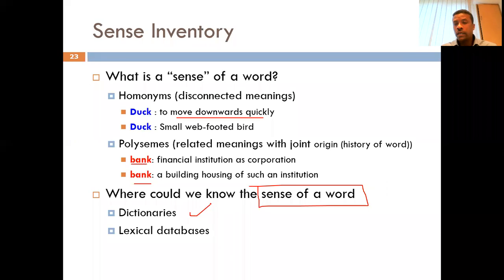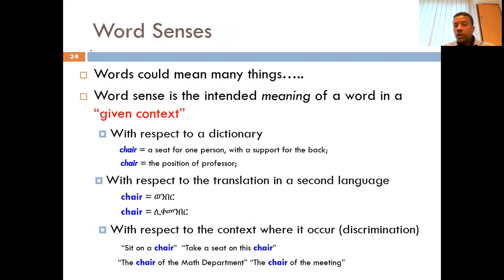If you go to a dictionary, you'll get some sense of the word. Or you can also have a lexical database, a database that creates a relationship between the words that you have in the language. Whenever you talk about semantics or word sense, a word can mean so many things. Even though a word can mean so many things, in a given context, the sense is going to be only one.